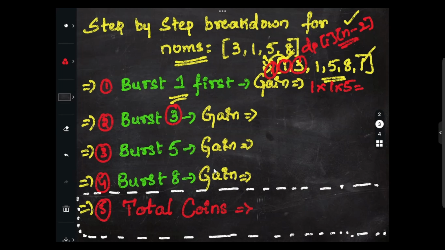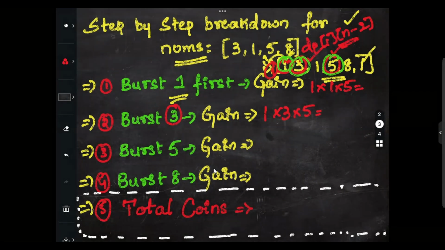This will be 1 into 3 into 5. So when we burst 3, it will be 1 into 3 into 5. The third one, we will burst 5. Second we burst 3, third we are bursting 5. First we went with 1, second with 3, third we are bursting 5.